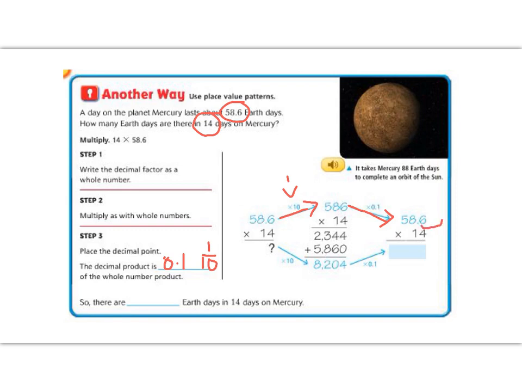And all of this math would still stay the same, and I get the answer 8,204, but now I need to move my decimal back where it belongs. So I should get 820.4. Great job, 5th graders!